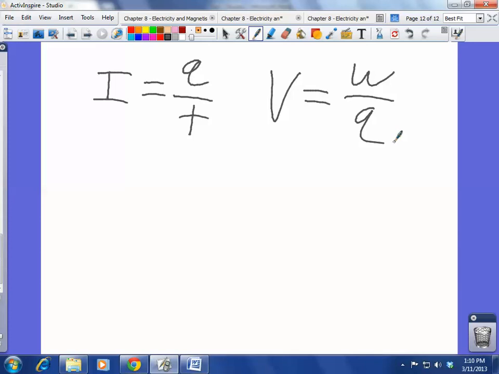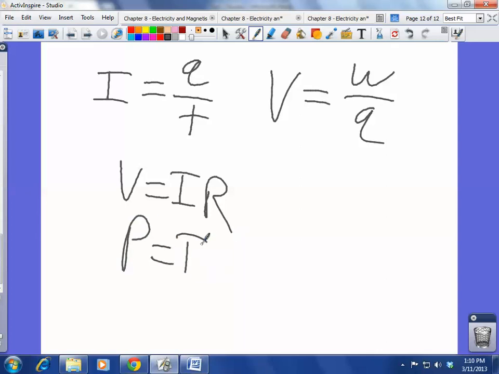And then remember we ended last week with Ohm's law and the power law. So just remember, if we know any two of these, we can get the other two. Voltage equals current times resistance.